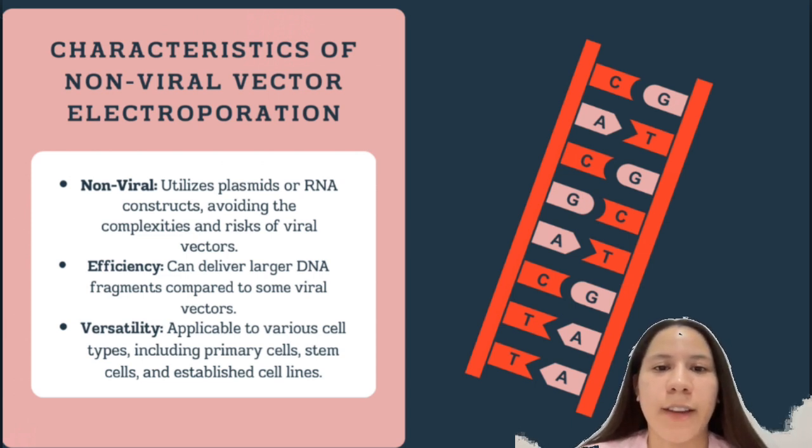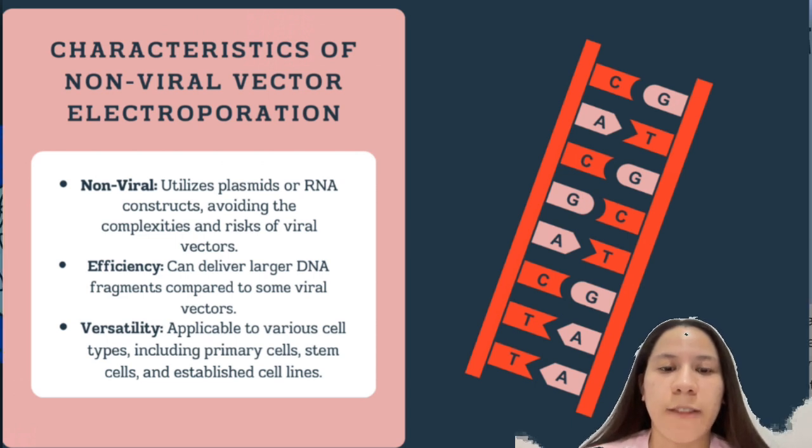In terms of efficiency, it allows for the delivery of large DNA fragments compared to viral vectors, which is particularly useful in studies requiring the insertion of large genes. It is also highly versatile as it can be applied to a wide range of cell types, including primary cells, stem cells, and immune cells that are usually difficult to transfect.